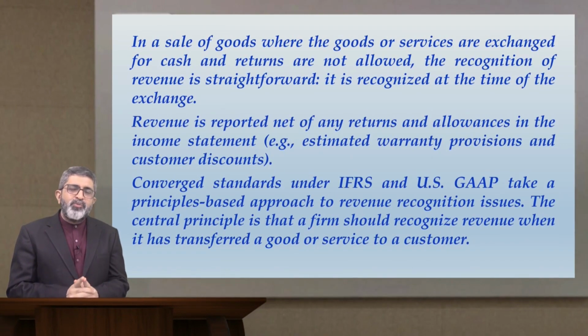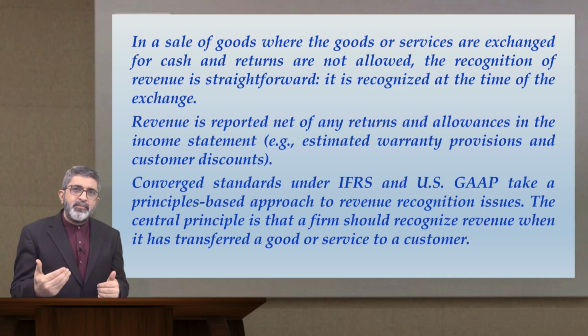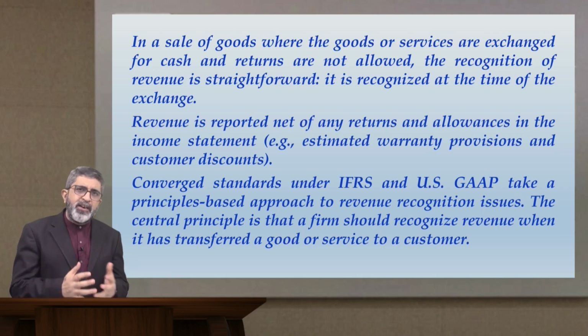So worldwide, in order to bring complete harmony in financial reporting, it is recommended that all the companies across the world should follow either the IFRS or the converged form of IFRS.